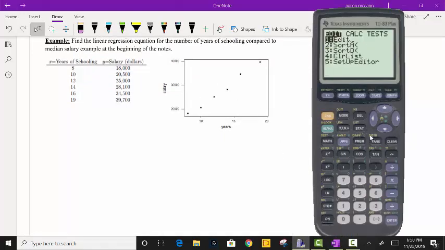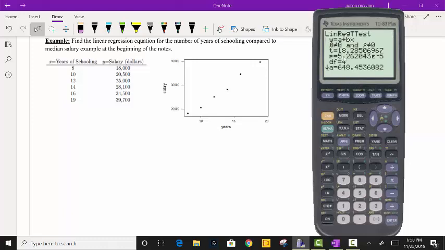You'll notice on mine, I have added this information to list 3 and list 4. So I'm going to run a linear regression t-test, but my x list is going to be not list 1, but list 3, and my y list is going to be list 4. And then we'll go down here to calculate.